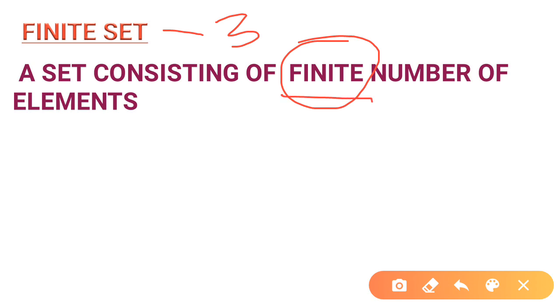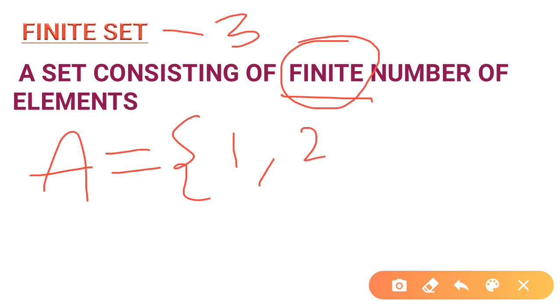Finite means which is countable. For example, I'm taking A equal to the set 1, 2, 3. In that example, just 3 elements are there, so it is trivial to count.